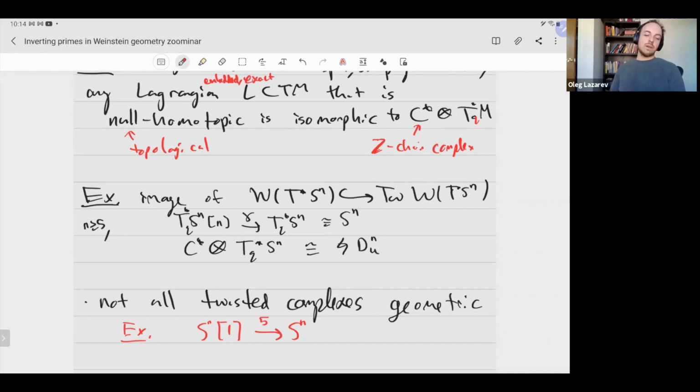There's maybe a little bit of algebraic work to show that this thing is not isomorphic to a chain complex tensor fiber, but that's almost immediate, I would say. And once you have that, you can conclude it's not geometric.